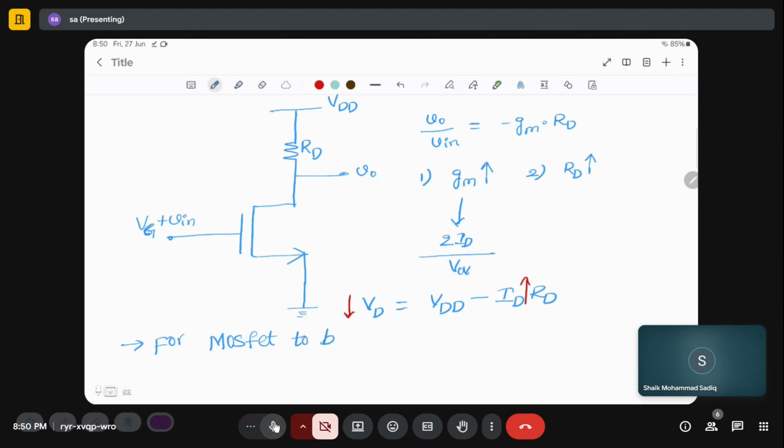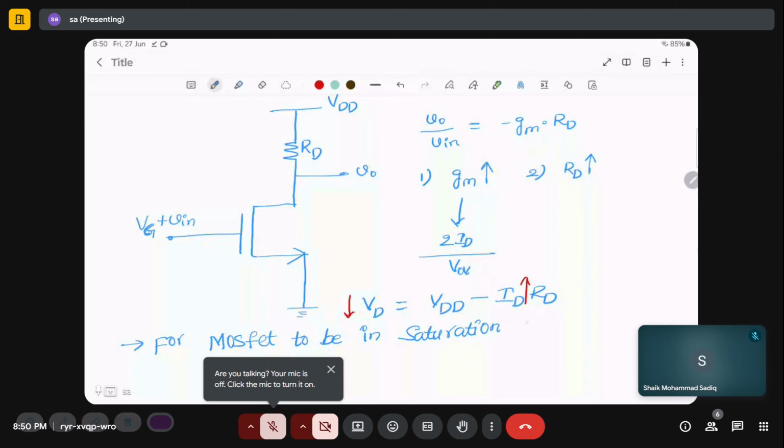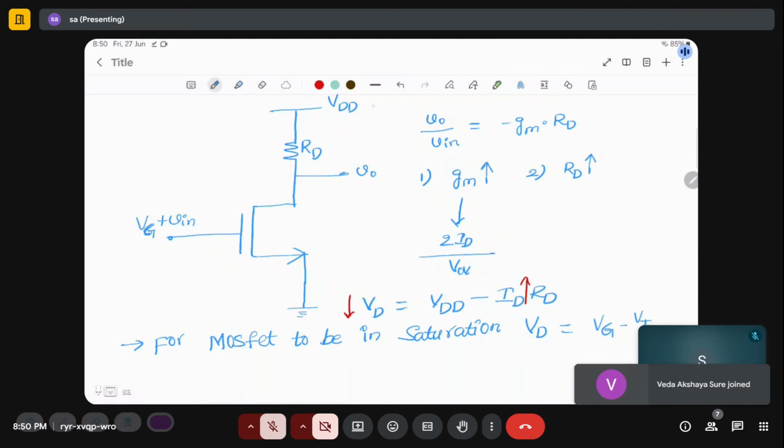As you increase ID, your gm goes up. Because of that, your gain goes up. Because of gain going up, this output voltage will come down.